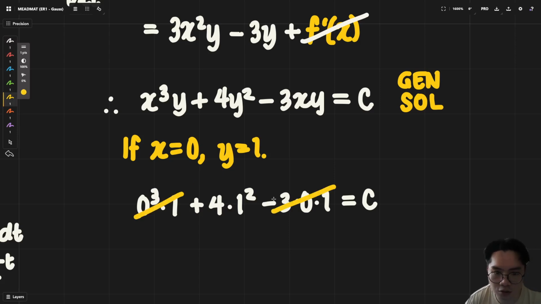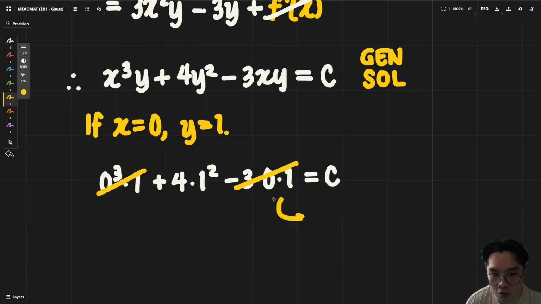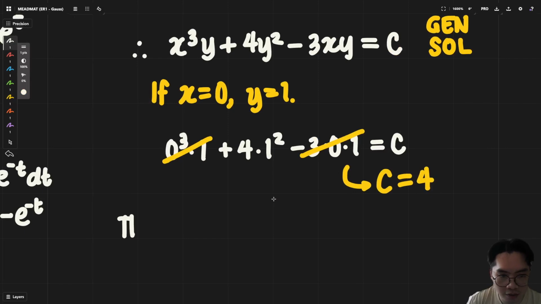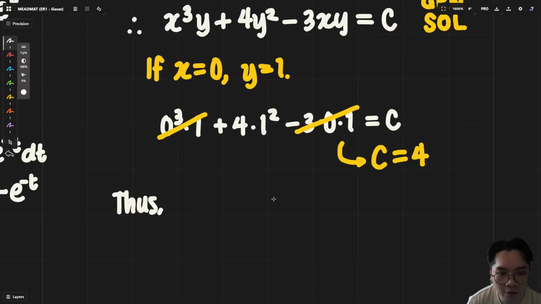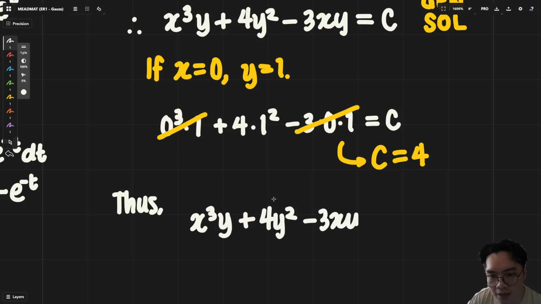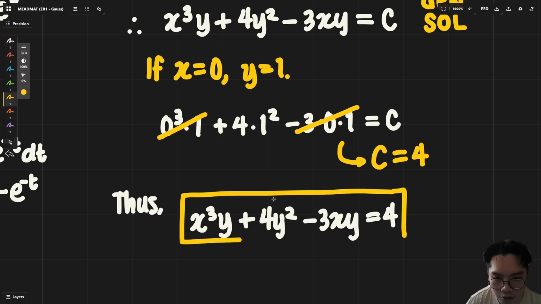So 4 times 1 squared is just 4. That means that our C is equal to 4 and that our final answer is x cubed y plus 4y squared minus 3xy is equal to 4. This is now our particular solution.